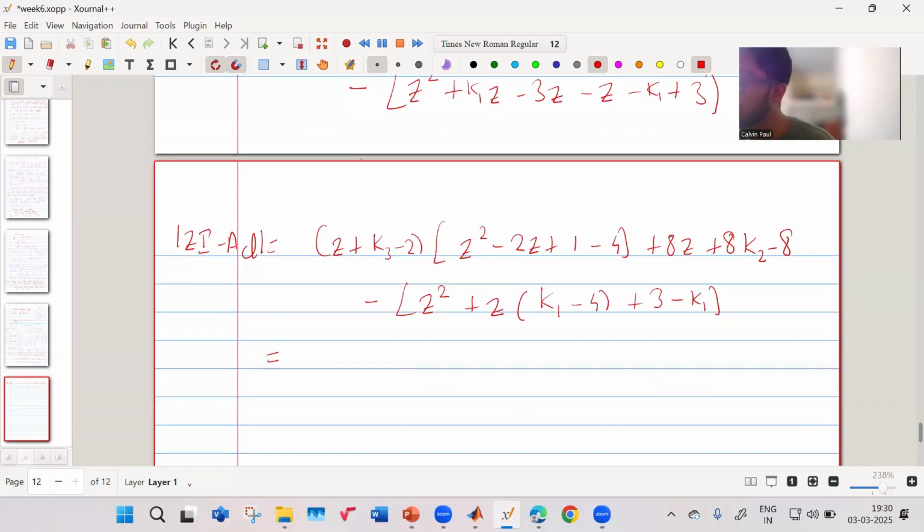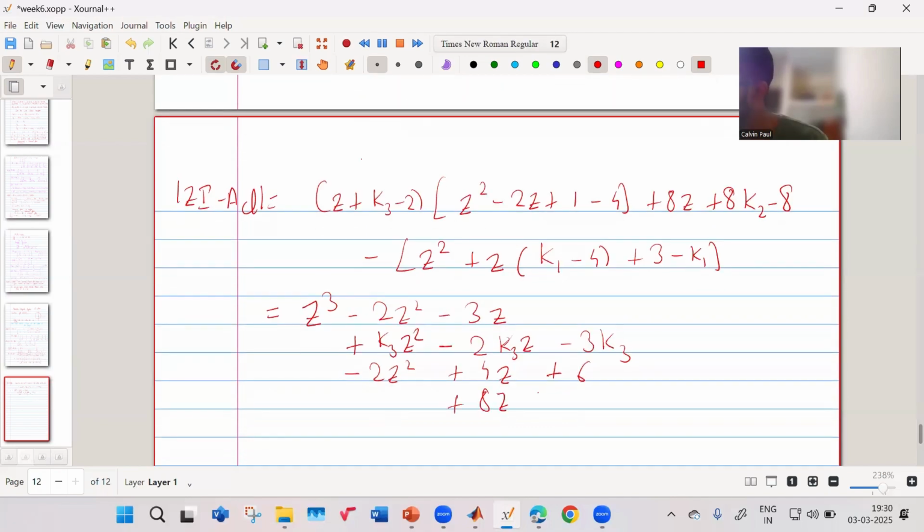Now when we expand this, this becomes z cube minus 2z square minus 3z plus K3 z square minus 2K3 z minus 3K3. Then minus 2z square plus 4z plus 6.